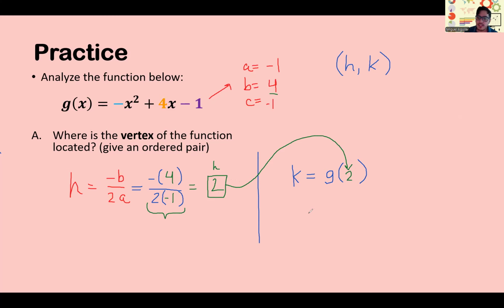When I evaluate this function now, I'm looking at the original equation, which was negative x, so negative parentheses squared, plus 4x, so I'm going to put a parentheses there, minus 1. And then what am I putting in the parentheses? 2.